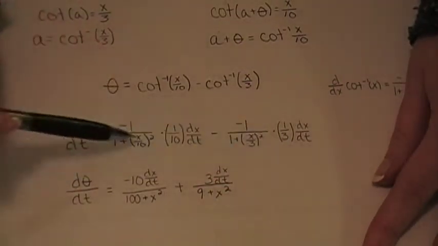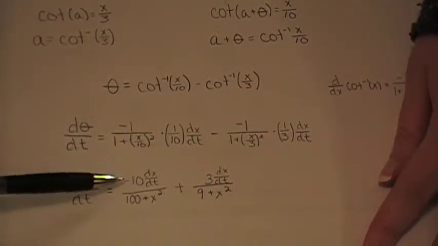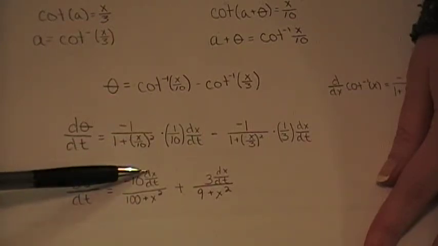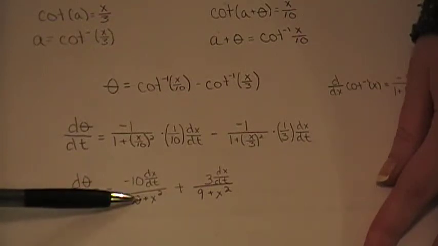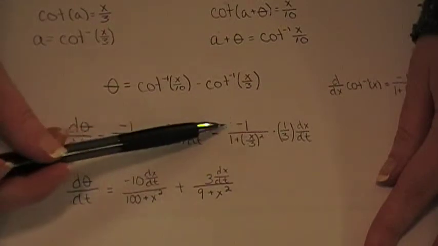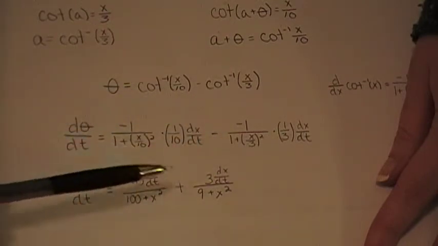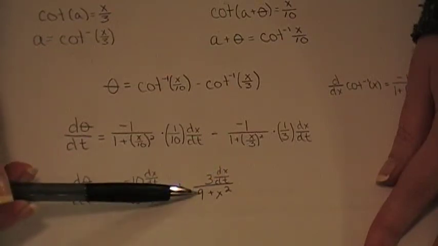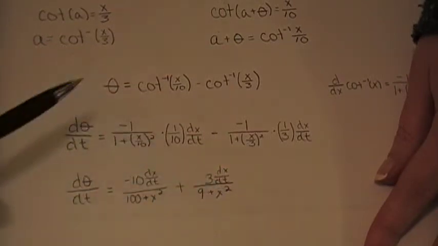We're going to solve and simplify all that, and we end up with negative 10 x prime, or derivative of x in relation to time, over 100 plus x squared, plus, because these two negatives are going to make a positive, 3 x prime over 9 plus x squared.